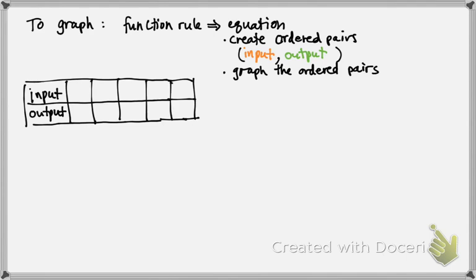And our inputs are 1, 2, 3, 4, 5, and our outputs are 9, 18, 27, 36, 45.